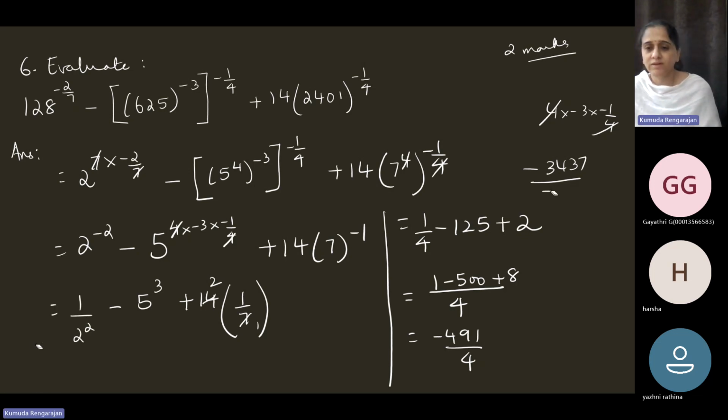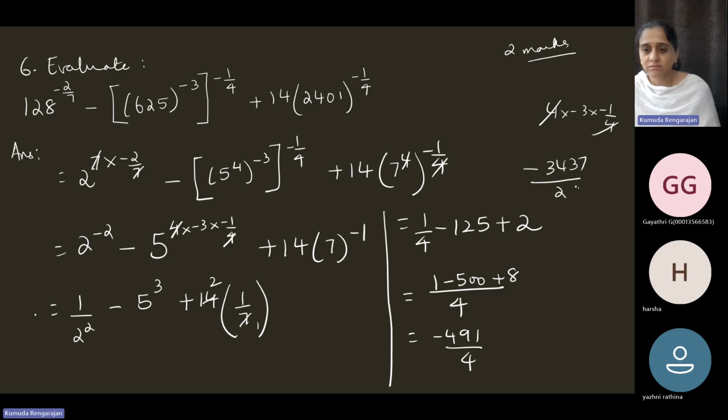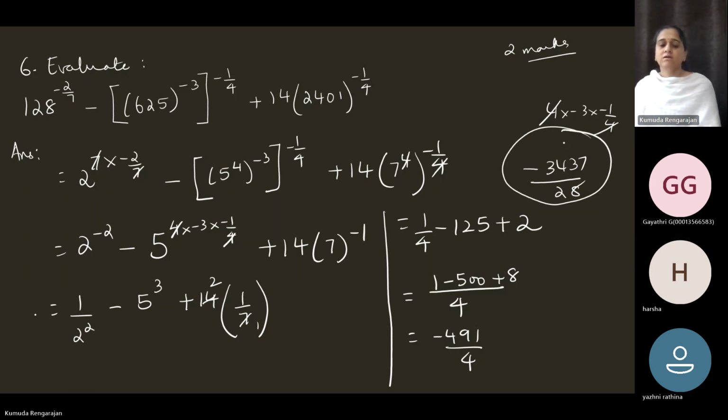You just have to simplify that. When I multiply 491 by 7, I get 3437. And 4 into 7 is 28. If you got this answer, yes, this one simplifies to minus 491 by 4. Otherwise, you are wrong. Somewhere you need to check your addition and subtraction.